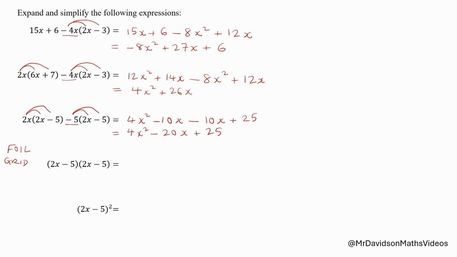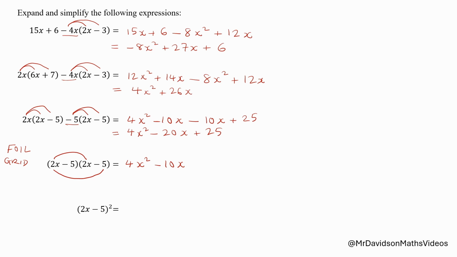Some people draw a smiley face or something like that, but let's go forwards. Okay, so the FOIL is first times the first, which gives us 4x squared. The outside ones, 2x times minus 5 is minus 10x.